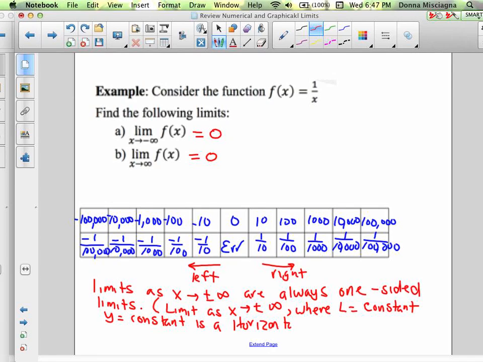So here this function has a horizontal asymptote at y equals 0. And that makes sense, right? Because we know what this function looks like. It basically looks like this.